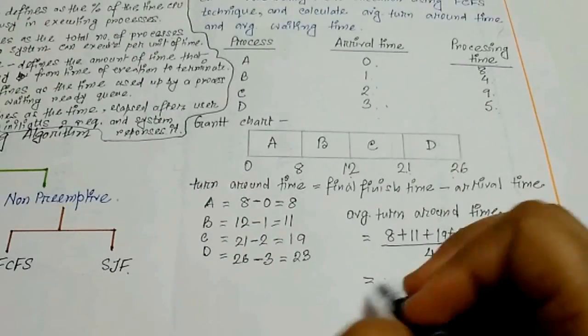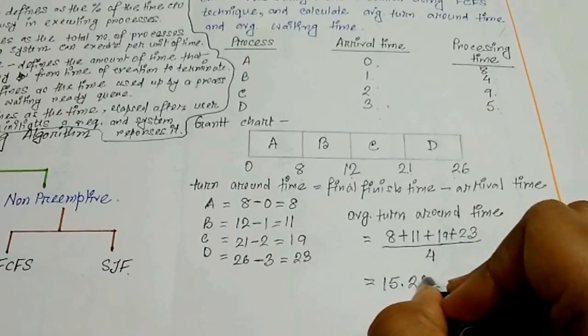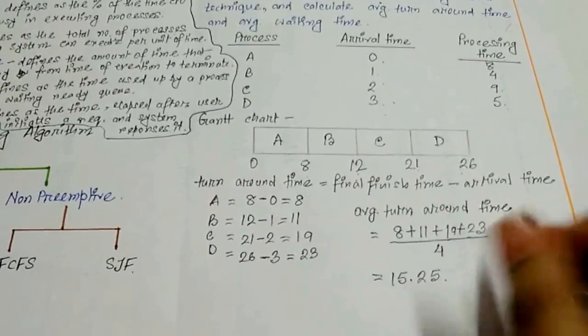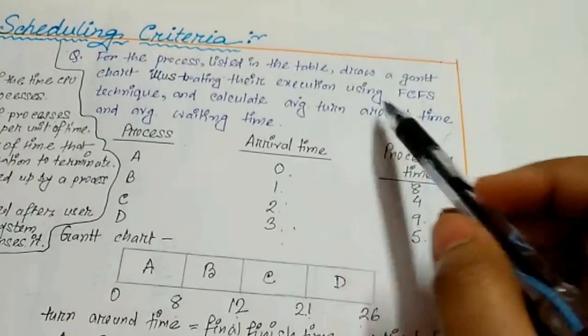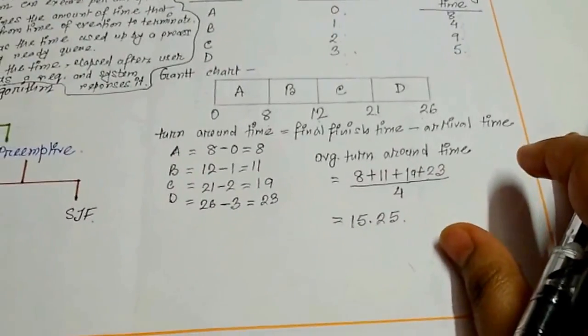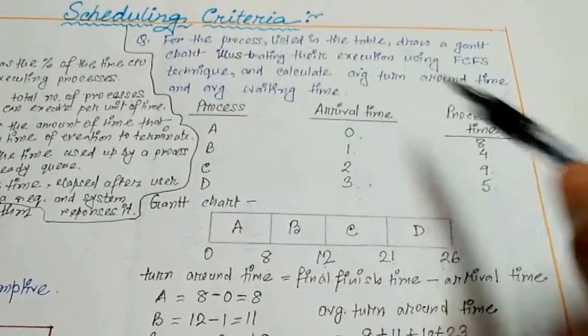Calculating this, we get 15.25. This is our average turnaround time.